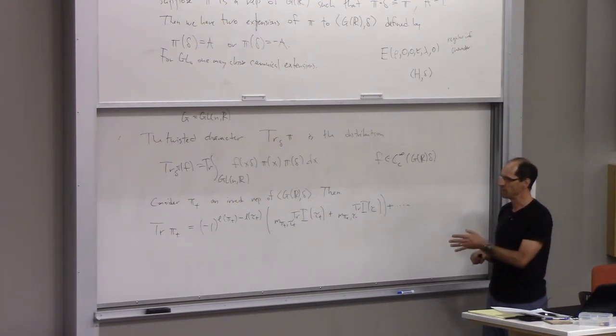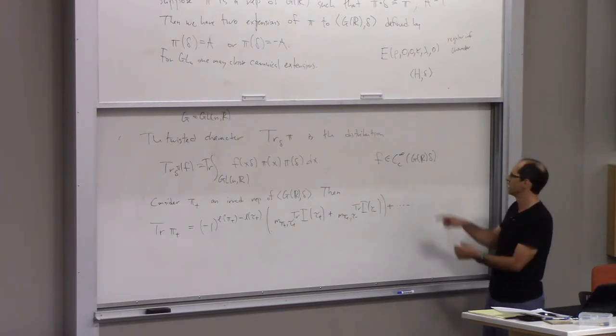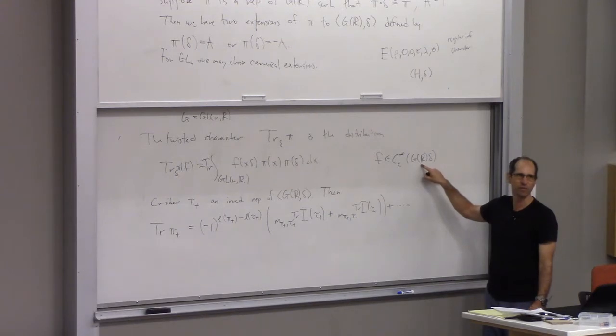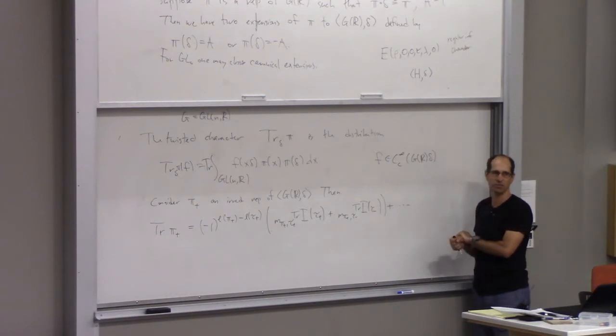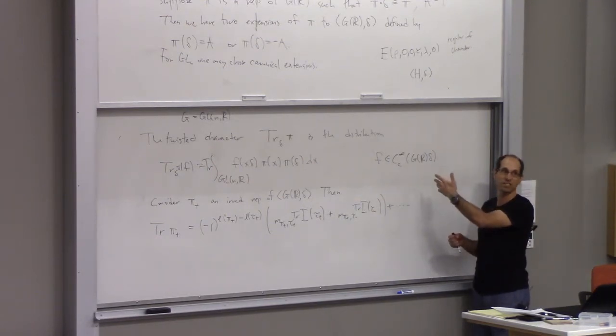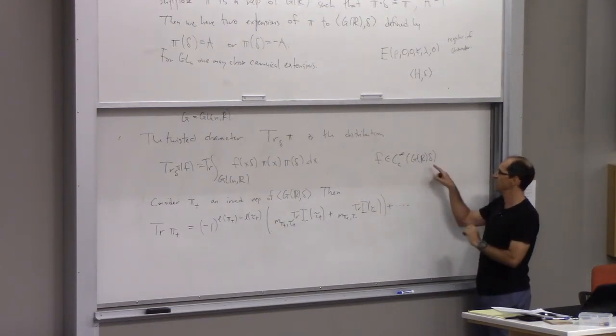Now, you can regard this formula as a distribution formula. It's a distribution on this extended group, a full extended group. And you could also think of it as a function on regular elements of this group. And therefore, you can also restrict it to the non-identity component, to G R times delta, this thing.